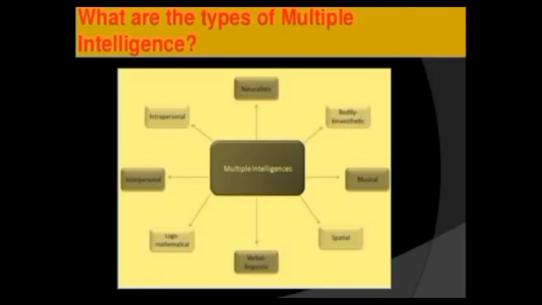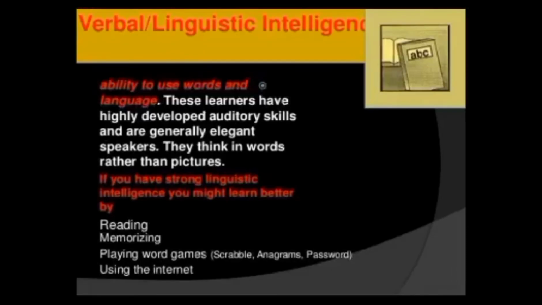What are the types of multiple intelligence? The types of multiple intelligence are naturalist, bodily kinesthetic, musical, spatial, verbal linguistic, logical mathematical, interpersonal, and intrapersonal.